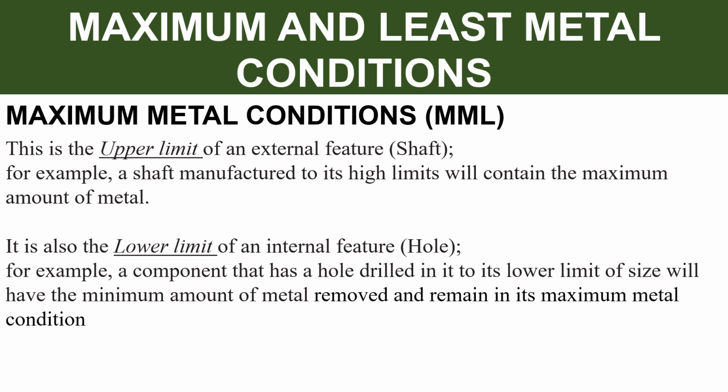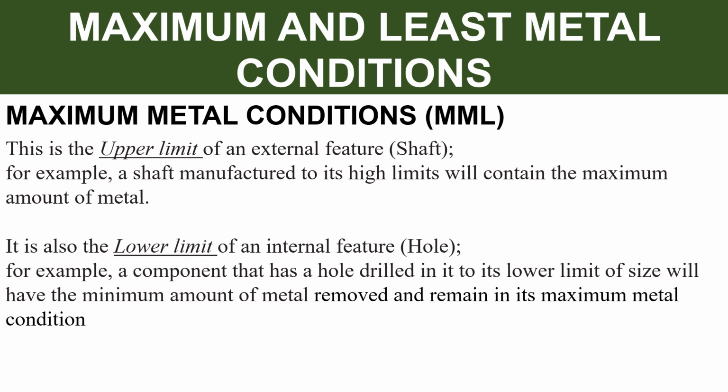Similarly, maximum metal condition is also the lower limit of an internal feature, that is the hole. For example, a component that has a hole drilled in it to its lower limit of size will have the minimum amount of metal removed and remain in its maximum metal condition.